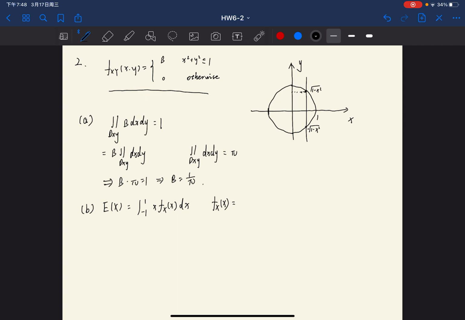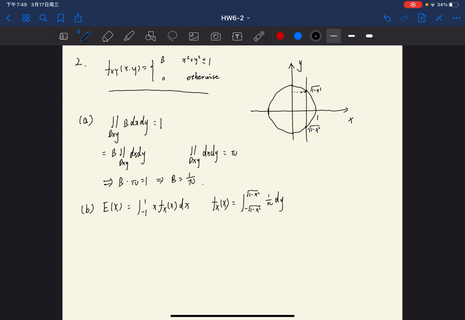And so the marginal probability density function of x equals to the integral from negative square root of 1 minus x to the power of 2 to square root of 1 minus x to the power of 2, of 1 divided by pi, dy.